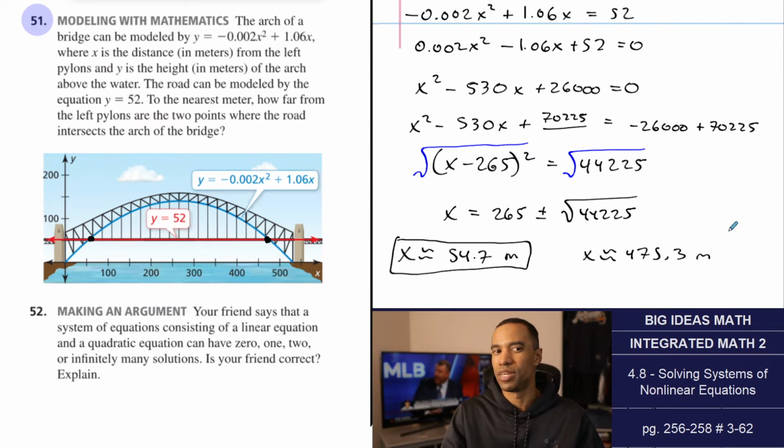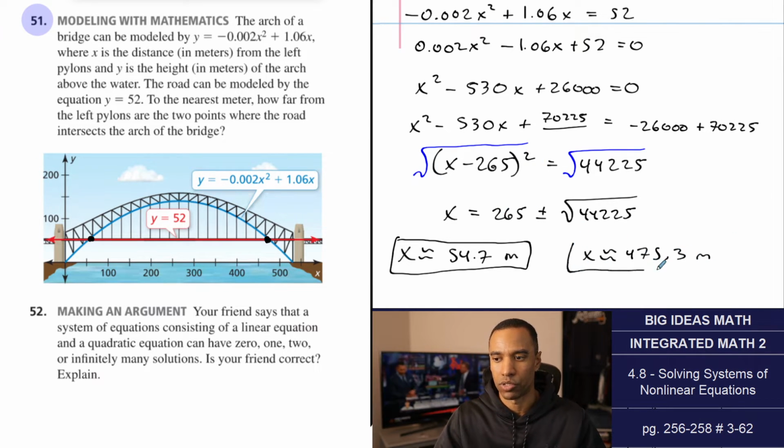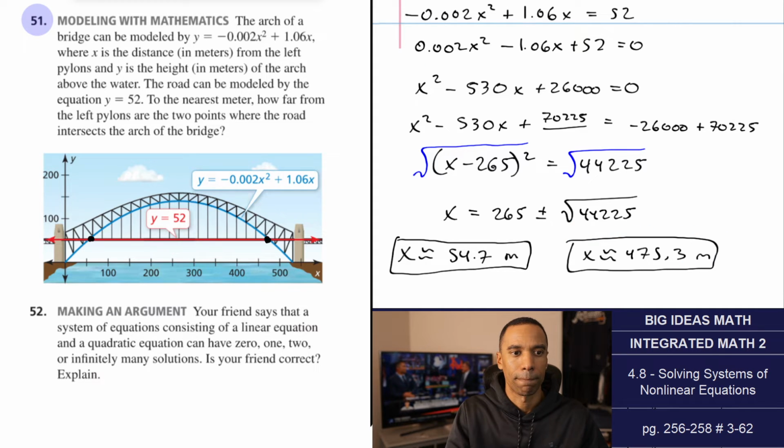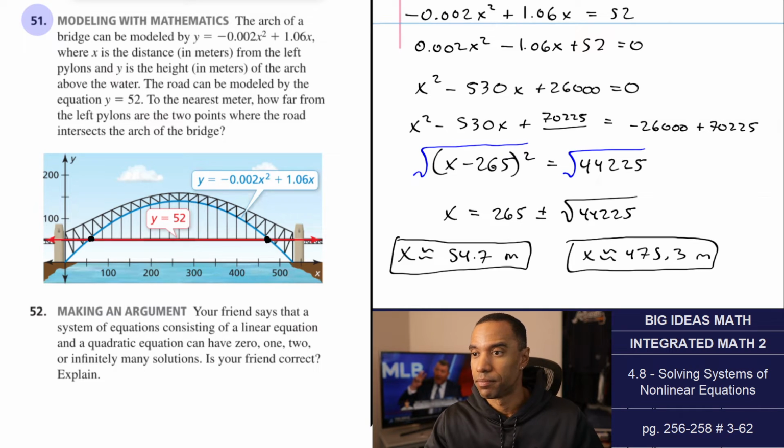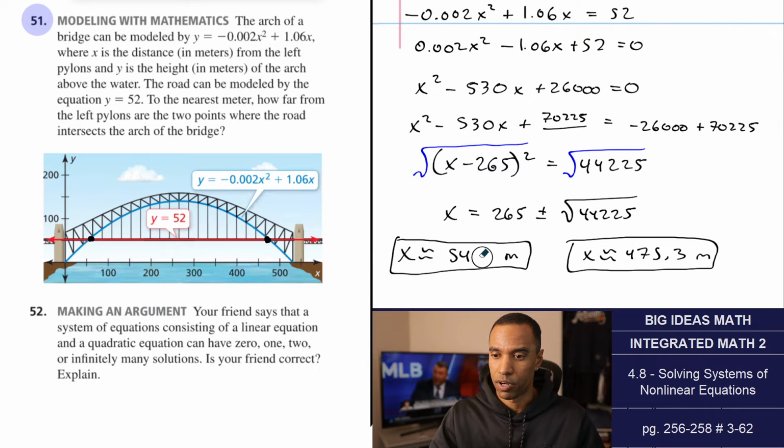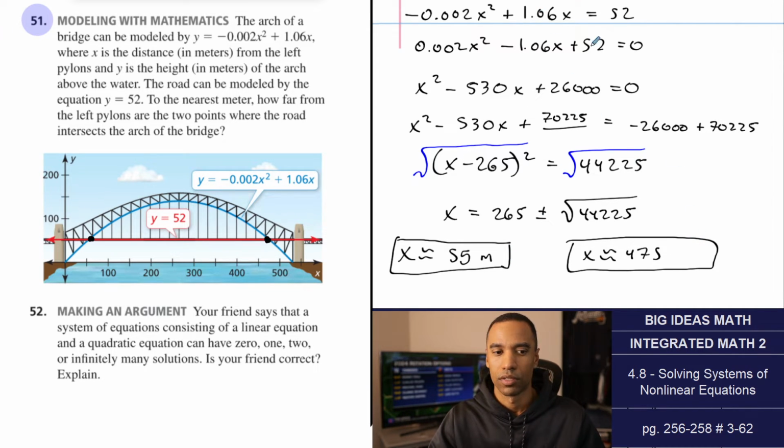I'm going to go ahead and do the nearest tenth. Oh, to the nearest meter, I didn't even see that. To the nearest meter, 55 meters. And then here we have 475, so I was on point with that. So 475 meters for number 51.